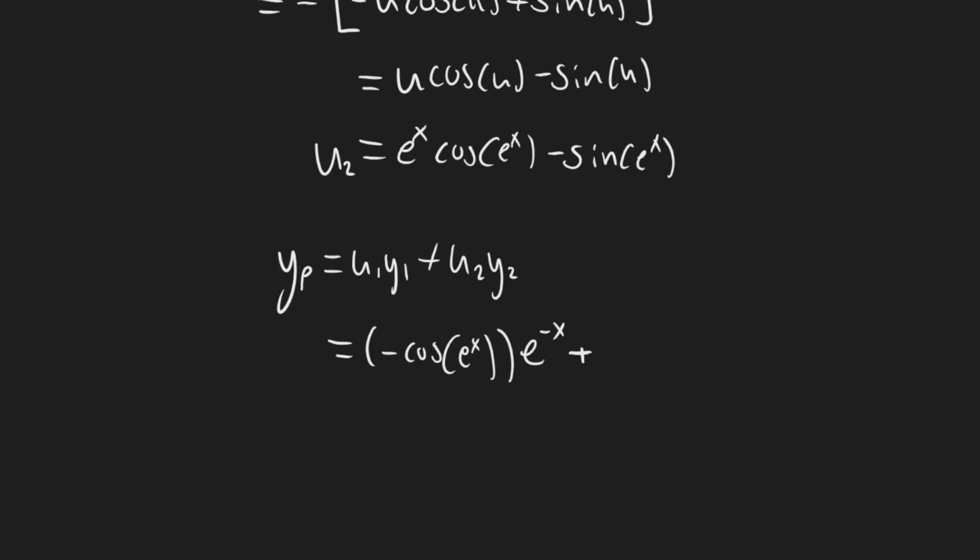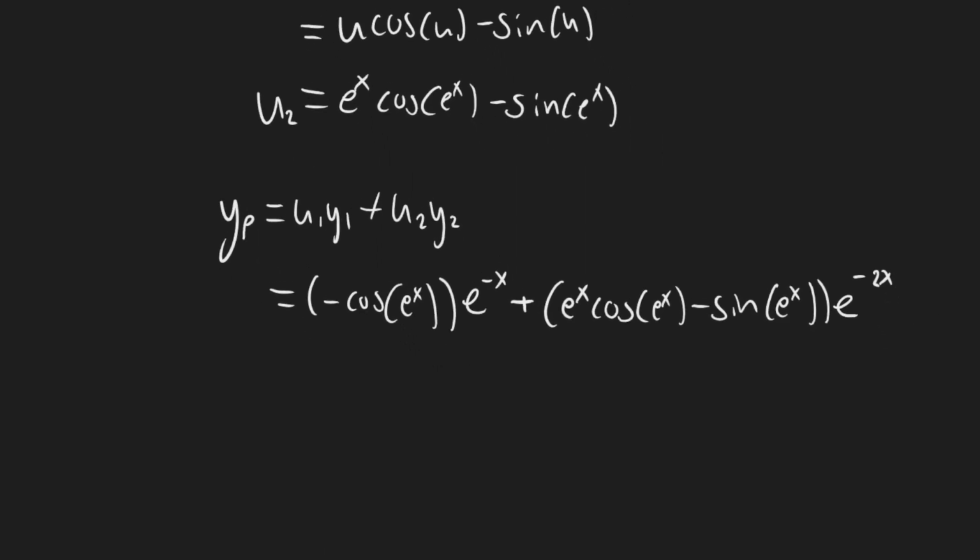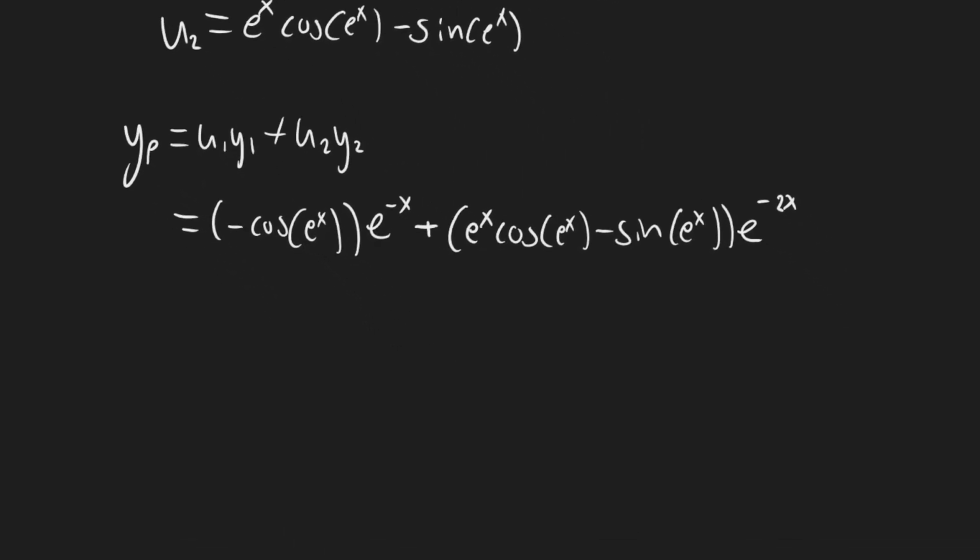So u2 we just found, that's going to be e to the x cosine of e to the x minus sine of e to the x, like so. And then we need to multiply that by y2. And y2, if you remember, was e to the negative 2x, like this. So I'm sure there's some simplifying to be done here, so let's go ahead and do that. We have a negative e to the negative x times cosine of e to the x.